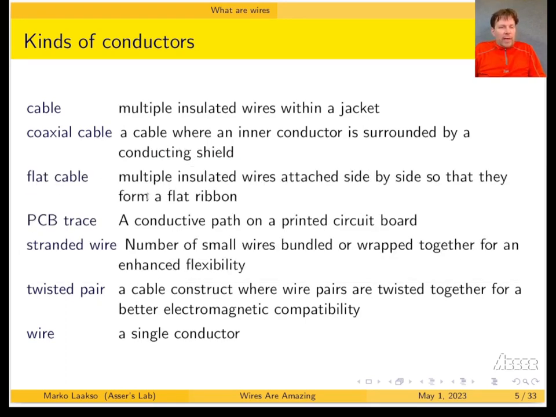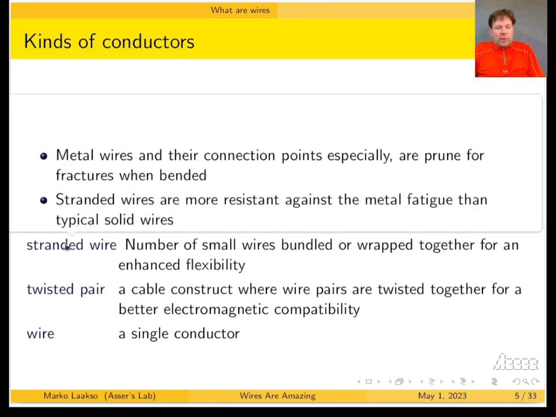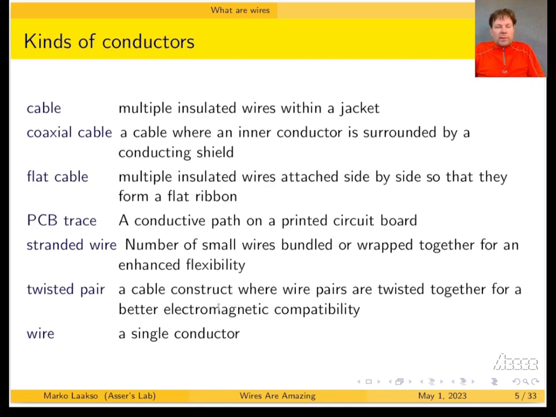A flat cable is multiple insulated wires attached side by side so that they form a flat ribbon. Then we have printed circuit board traces, which are conductive parts on the circuit boards. Stranded wires are a number of small wires bundled or wrapped together for enhanced flexibility.